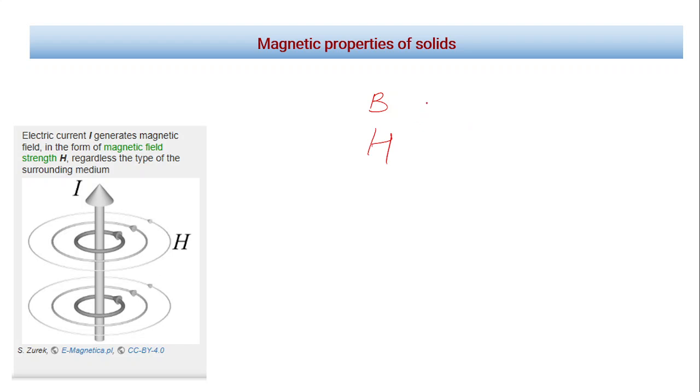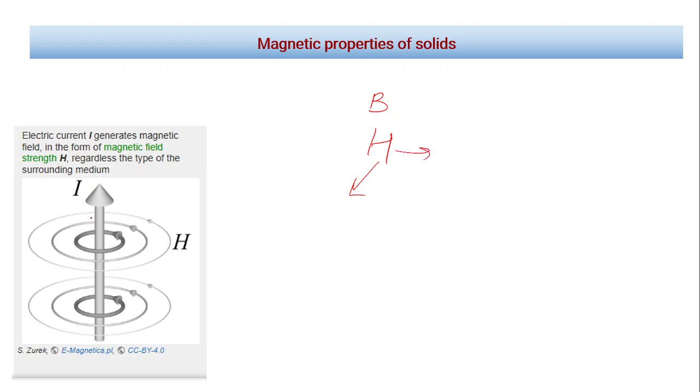To understand the subtle difference between these, although sometimes they are very commonly used interchangeably, we need to see that H is usually, to put it in simple words, the field that is applied to a material, or maybe the material is in the field of intensity. That field we represent by H.